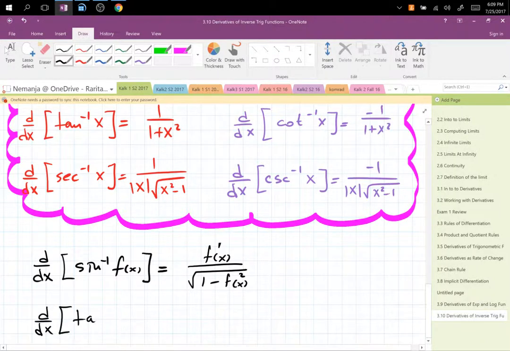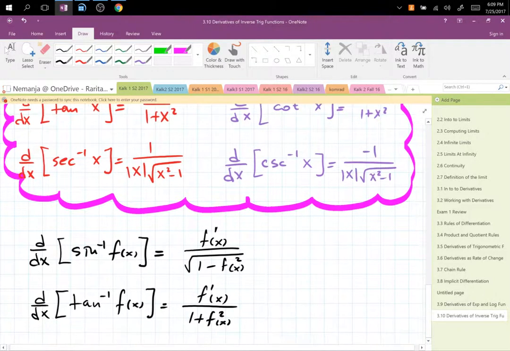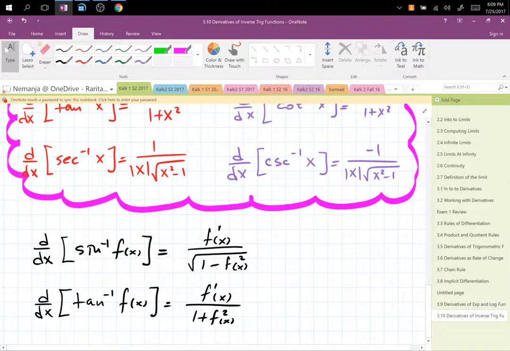Here's another one. This is also a very important formula. It's the inverse tangent for the function, and you have f prime of x divided by 1 plus f squared. So you will be using these formulas most of the time.